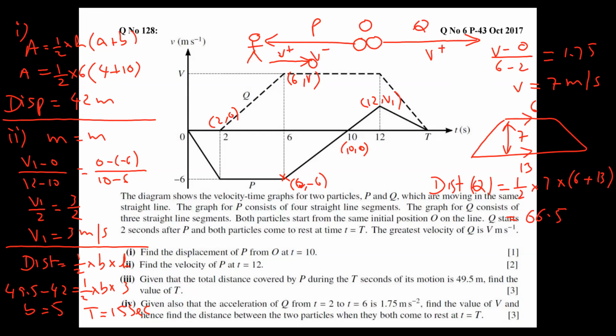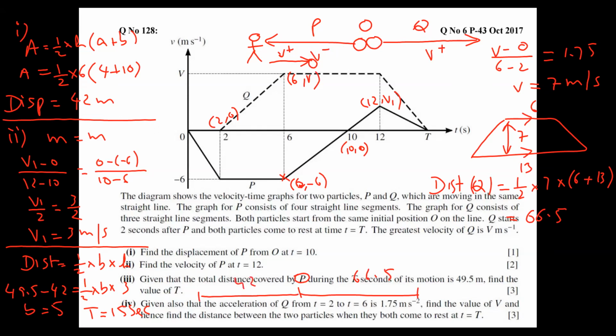And now I need this small distance, which we know too. Q is traveling from here till here, which is 66.5. So if I make a plan from O, this is 66.5, and this distance is 42 meters.